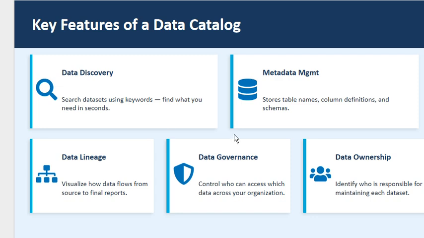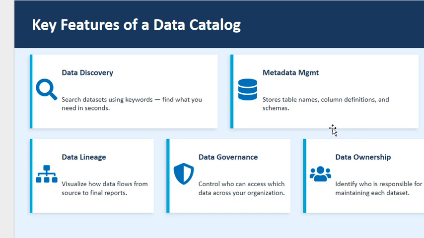So the key features of a data catalog, what does it contain? Data discovery: you can search the data sets using keywords and find what you need in seconds. Metadata management: you can maintain the metadata.